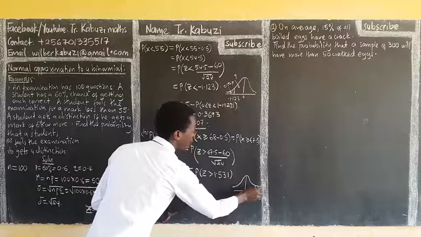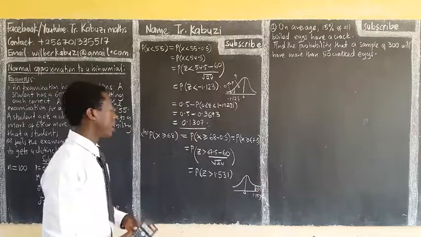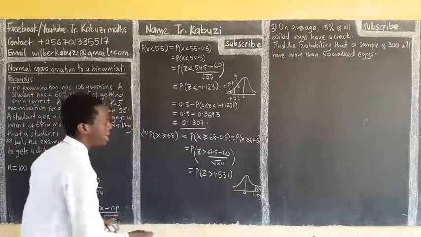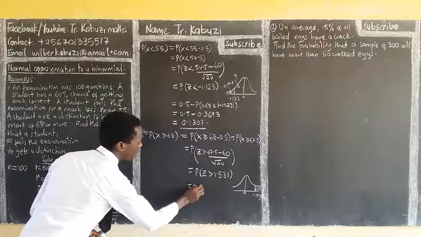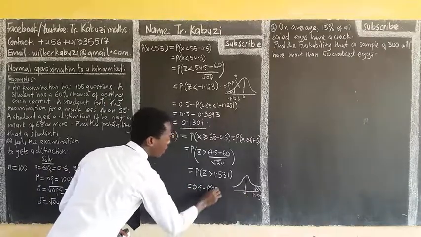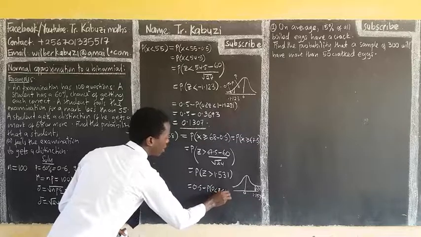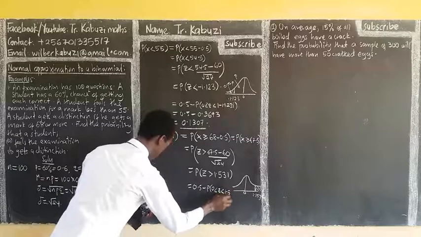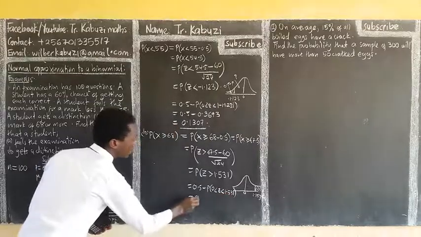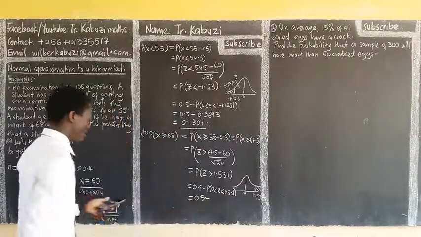These are values of x. We started here, you get 0.5 minus the probability from here up to here, 1.531.